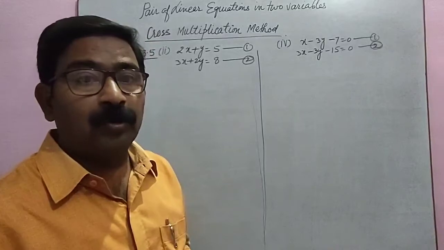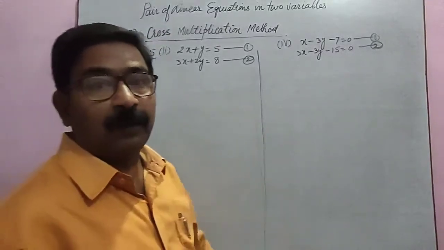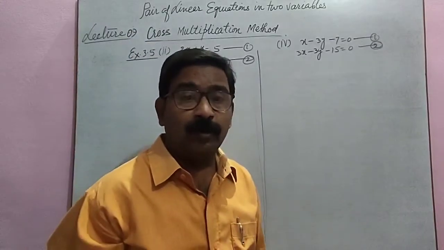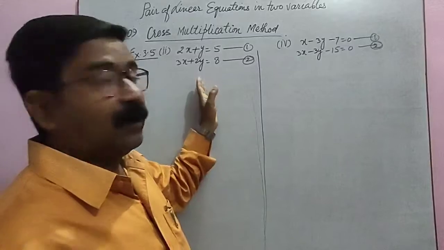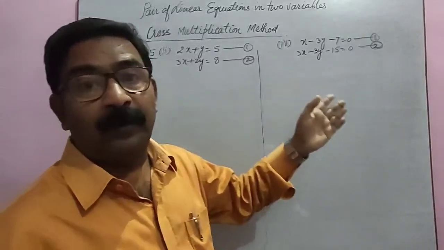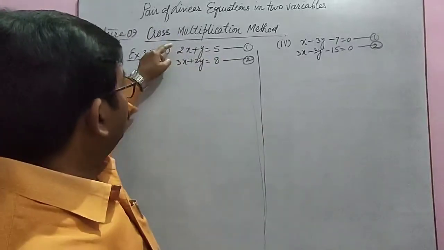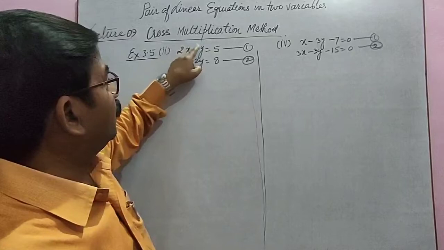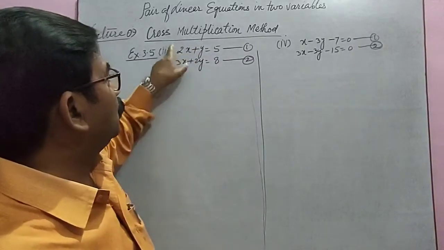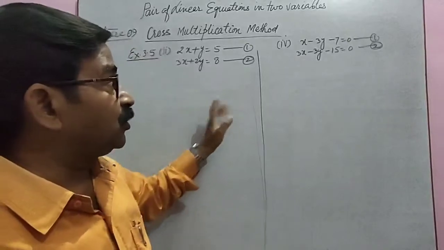So you know how to check the solution by comparing the ratios a1 upon a2, b1 upon b2, c1 upon c2. If a1 upon a2 is not equal to b1 upon b2, it means equations will have unique solution. Let's see here. a1 upon a2 is 2 upon 3. b1 upon b2 is 1 upon 2. 2 upon 3 is not equal to 1 upon 2, means it is unique solution.